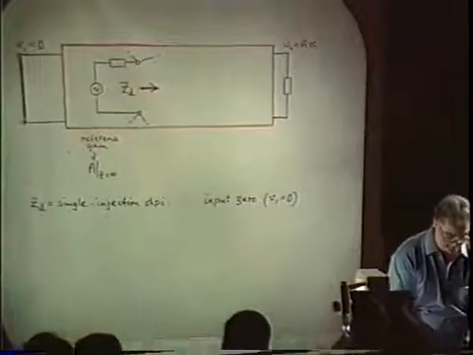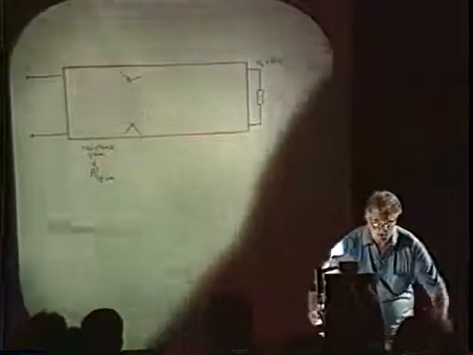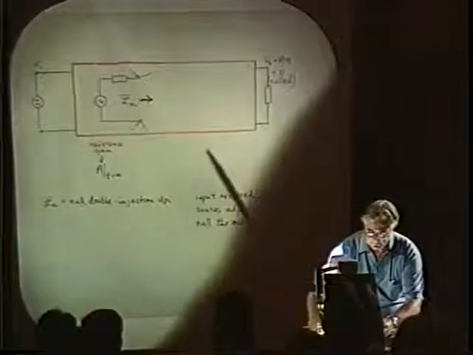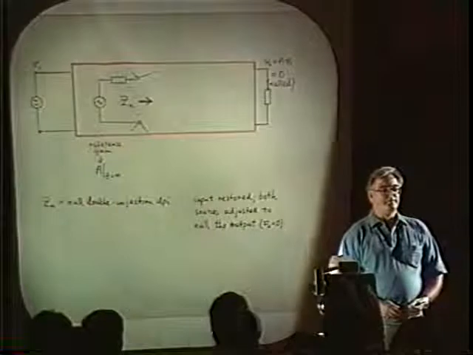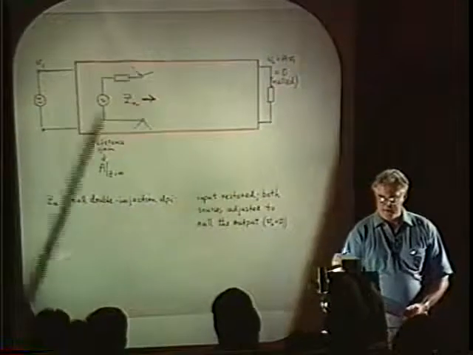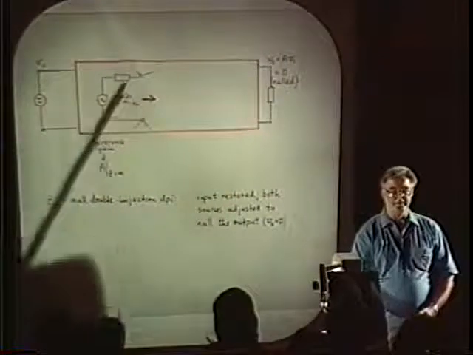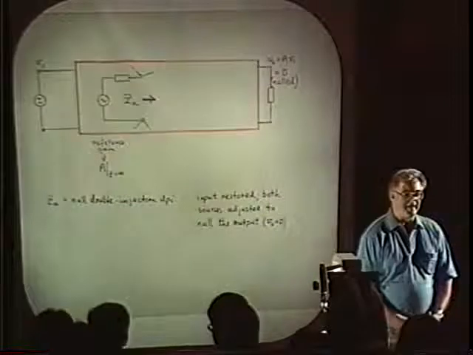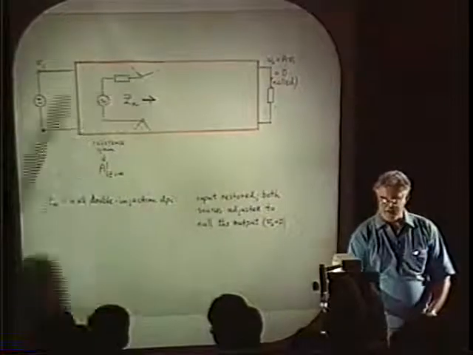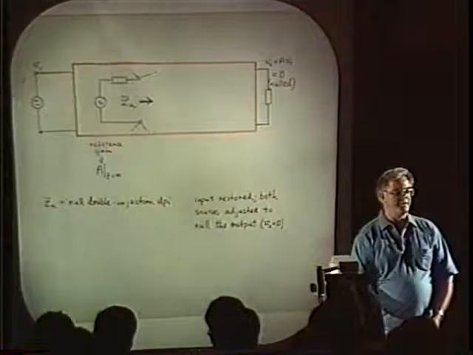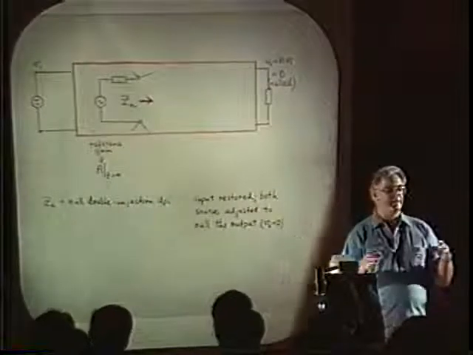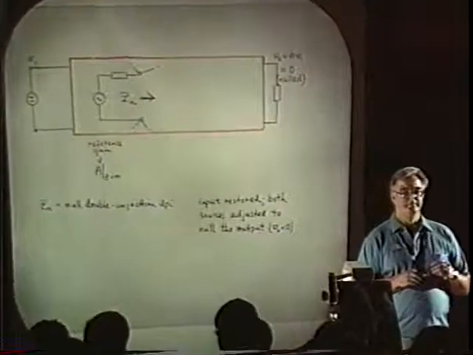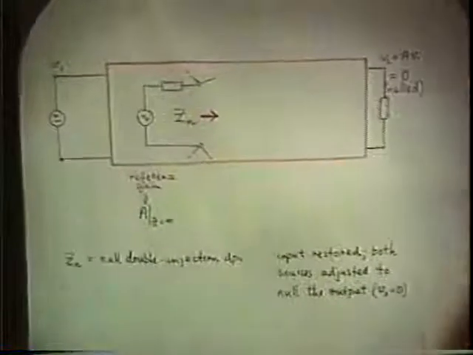You calculate it the same way you calculate any input impedance. Nothing new about that. Here's how you calculate Zn. This is the new technique. You apply your independent test signal at the same place where the Z is going to be added. But this time, the original input is restored. So this is double injection. Now, you're not used to doing calculations like that.